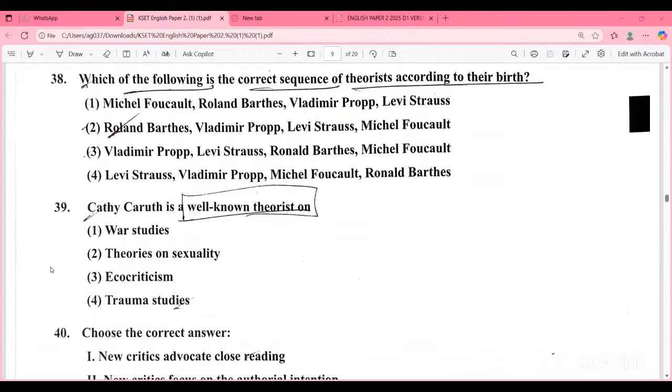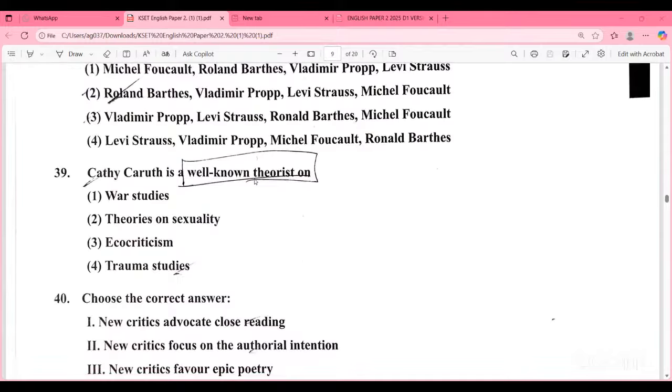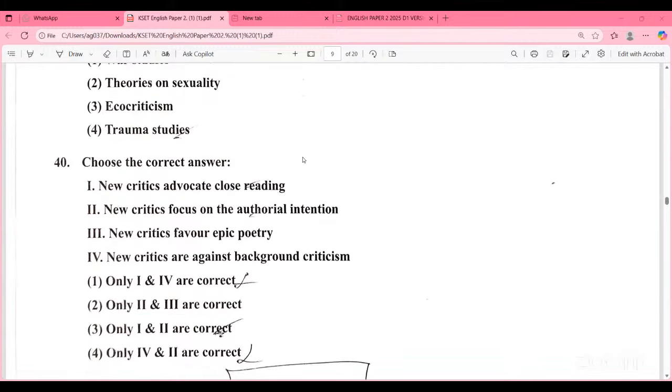Okay. Next, Cathy Caruth is a well-known theorist of trauma studies. Choose the correct answer. New critics advocated close reading, yes. They focus on the authorial intention, no. They favor epic poetry, no. And new critics are against background criticism, yes.